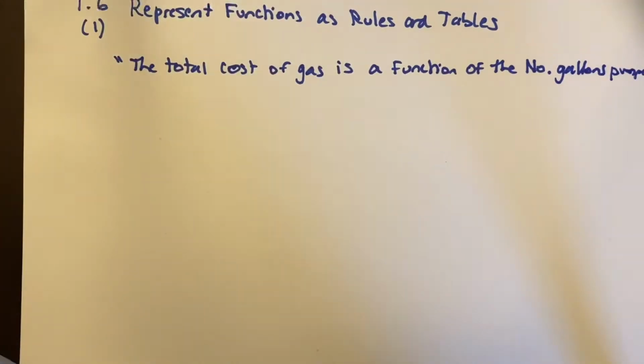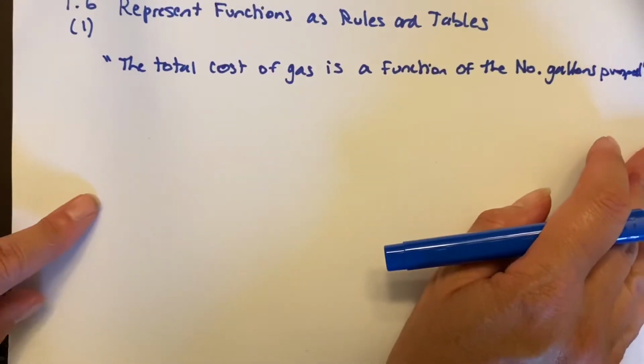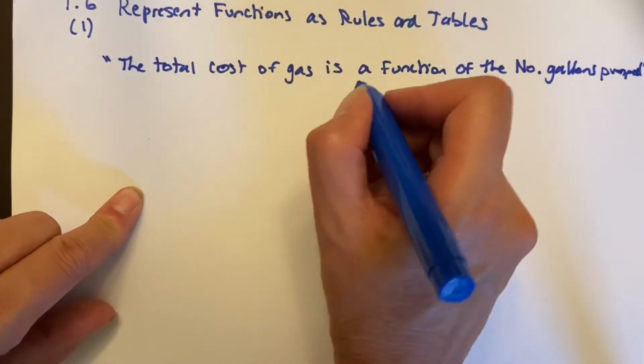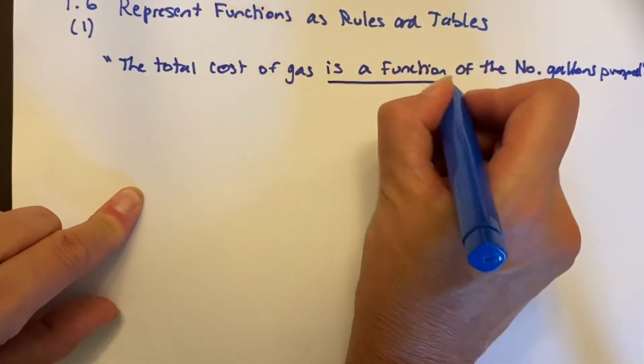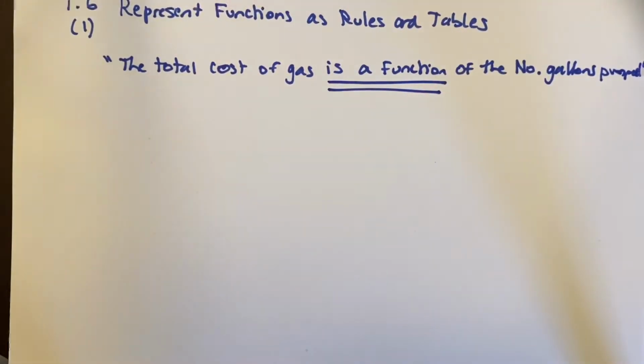Okay, the total cost of gas is a function of the number of gallons pumped. We just need to understand what that word, "is a function," means.